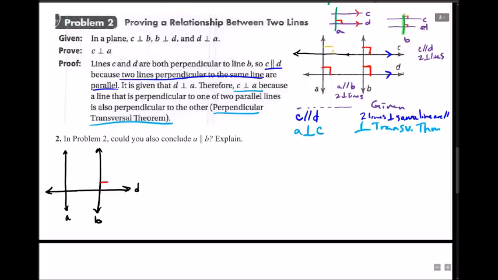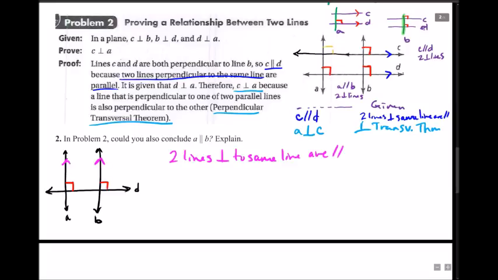We know that it's perpendicular there and perpendicular there. Can we prove that those are parallel? Yes, we can, because two lines perpendicular to the same line are parallel.